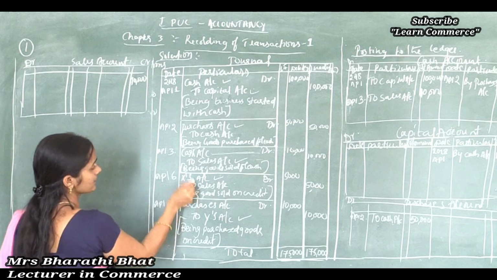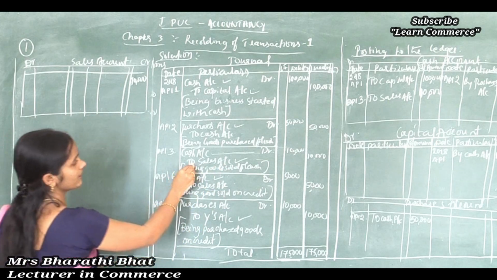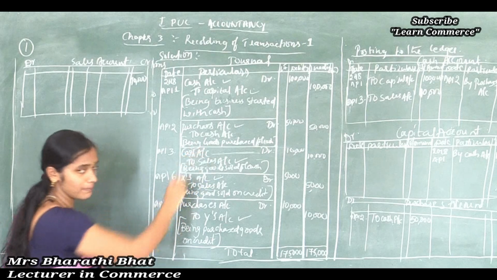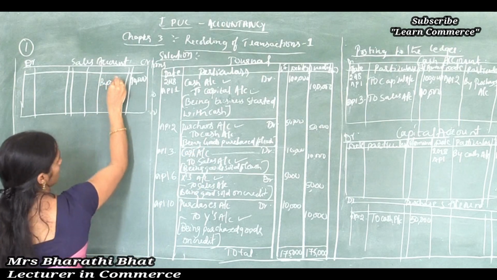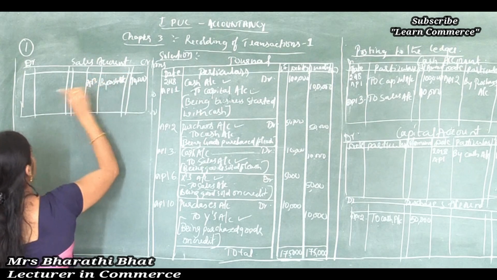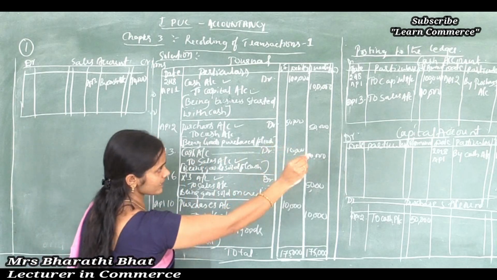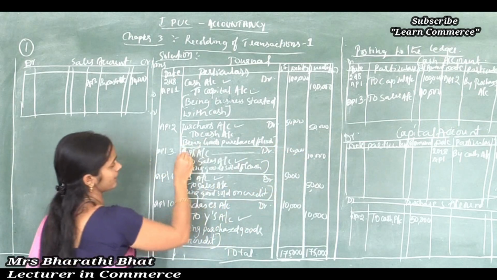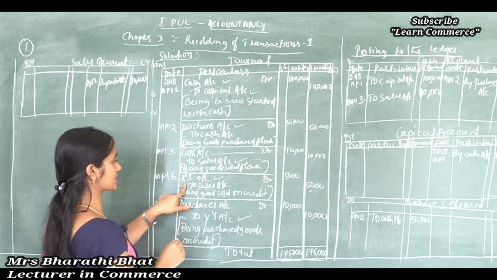Sales account credited by cash account, and mention the date April 3. Clear? Cash account debited to sales account, credited by cash account. Only this much, and move to the next one.